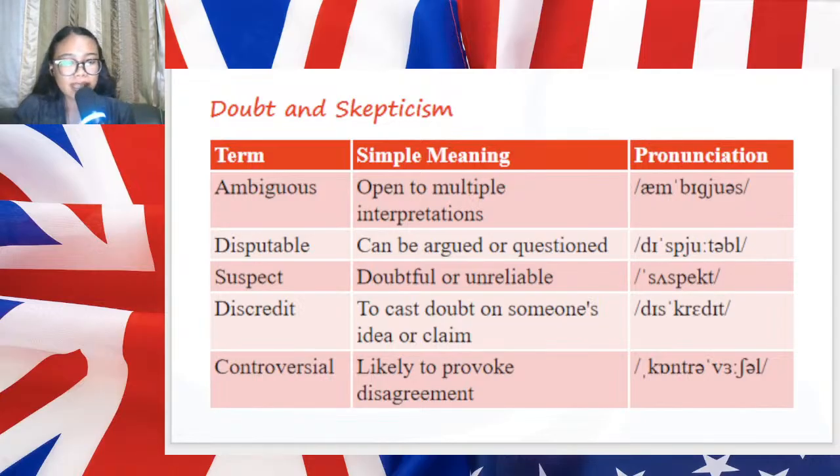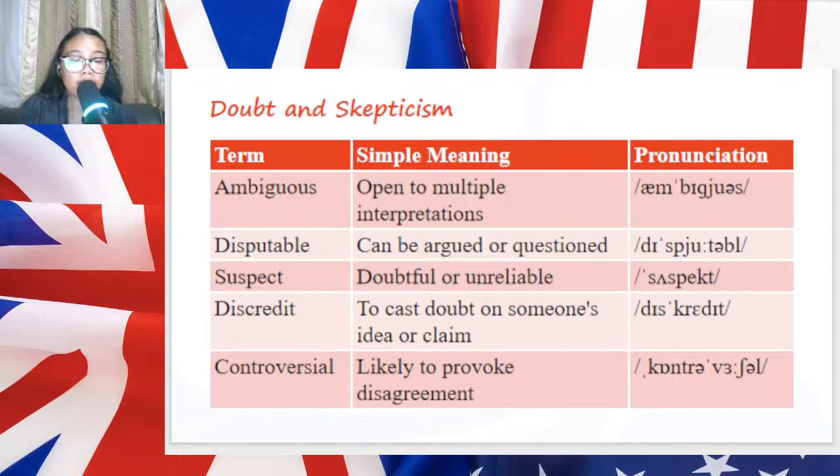So say, for example, if a teacher says you may leave after the test, it's ambiguous. Did they mean immediately after or only after everyone finishes? The lack of clarity creates confusion, and this word is extremely valuable in critical thinking.